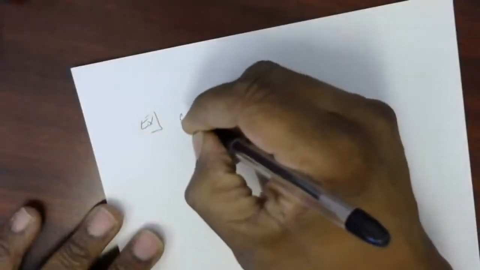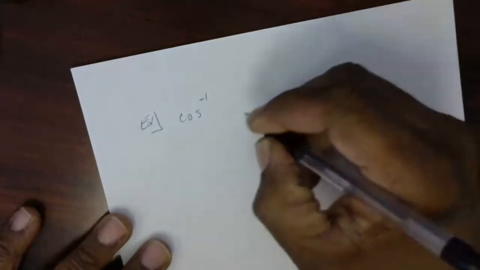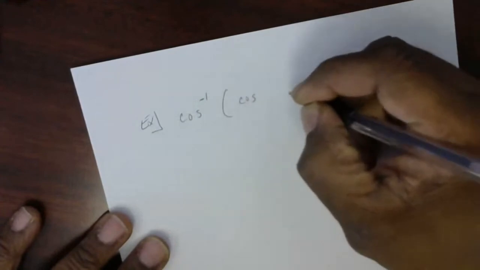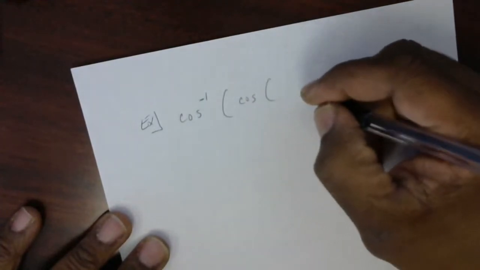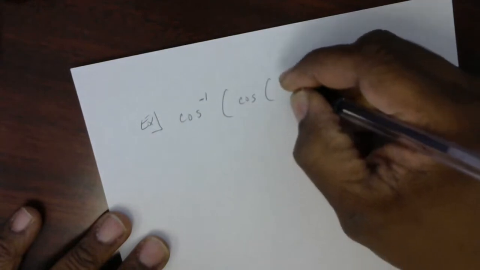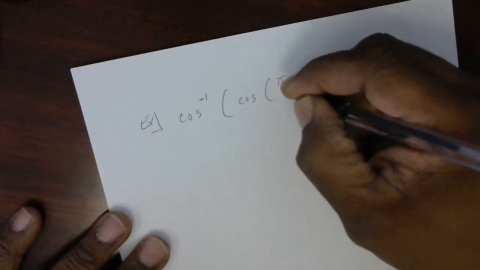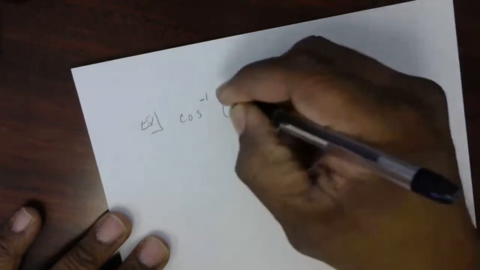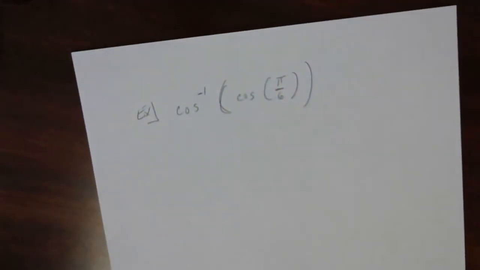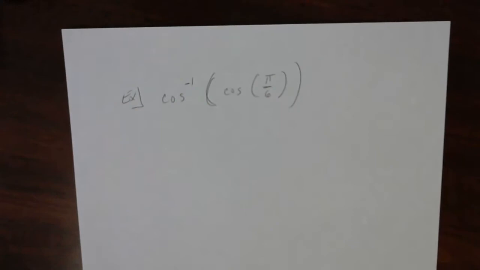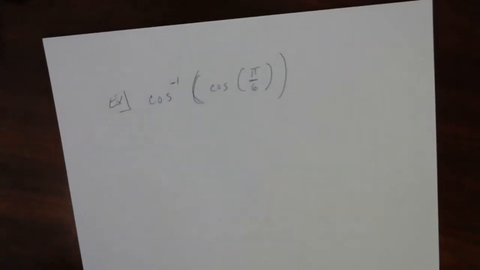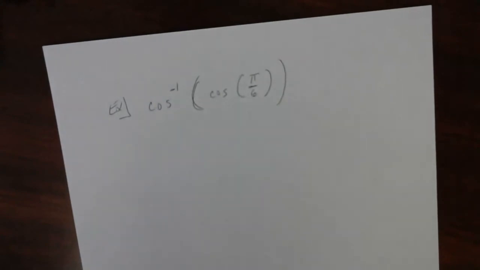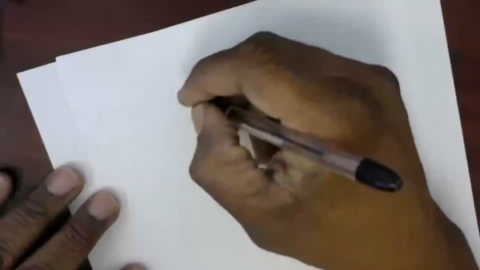The arc cosine for the cosine of pi over 6. All right. Now I did mention, I believe in a previous lecture, there is something called identities. Can they look something like this?